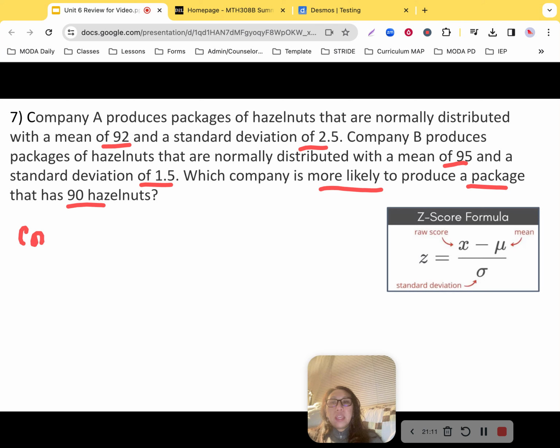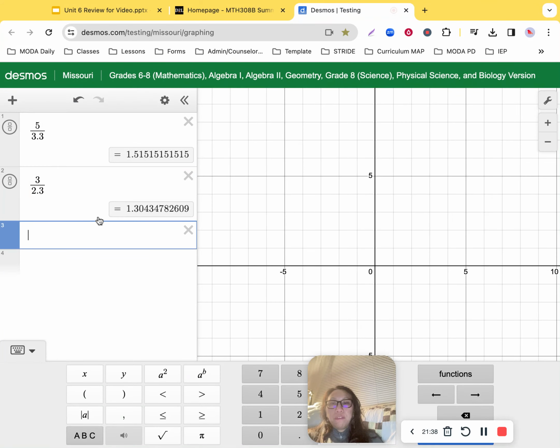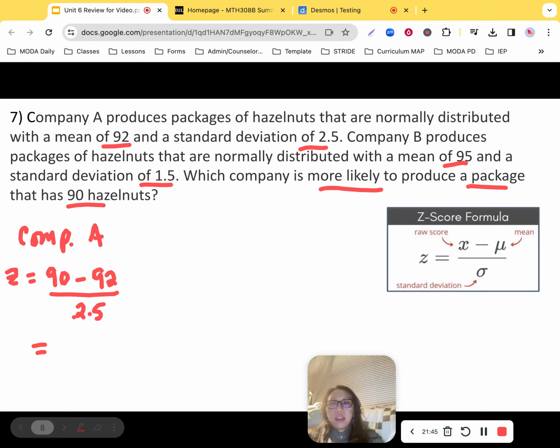So company A: the raw score here is 90 minus the mean for company A, which is 92, divided by 2.5. So 90 minus 92 is negative 2. Negative 2 divided by 2.5 gives you negative 0.8.